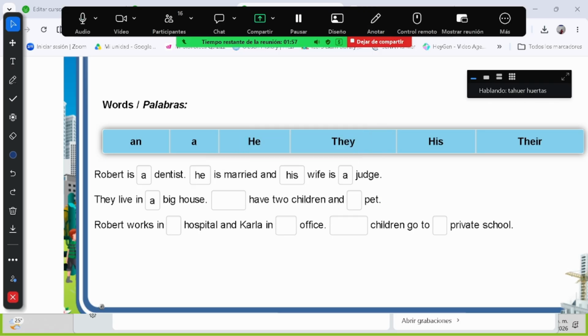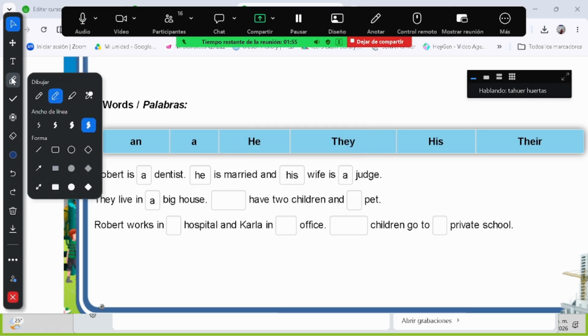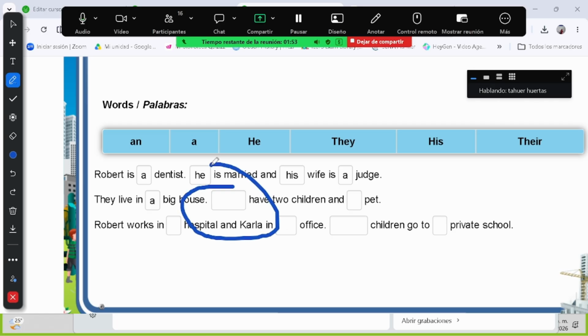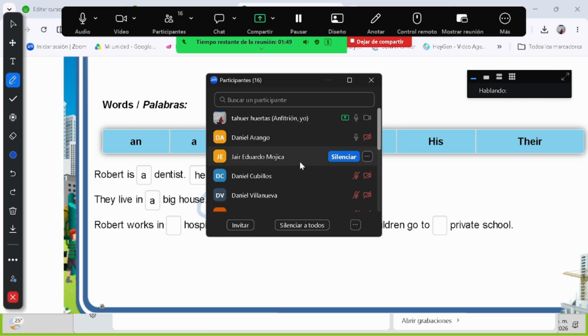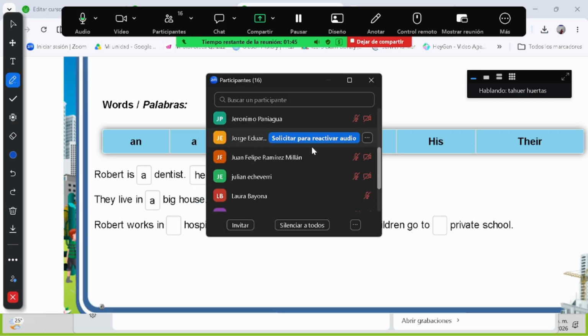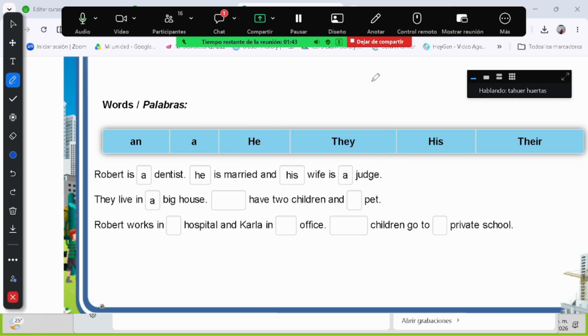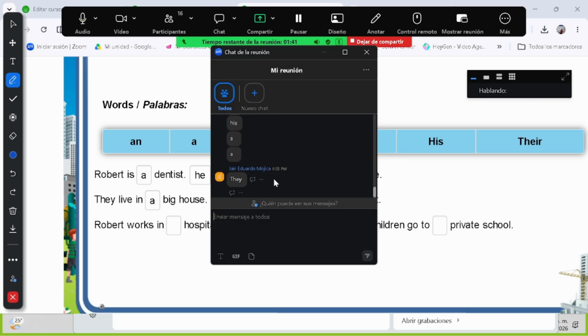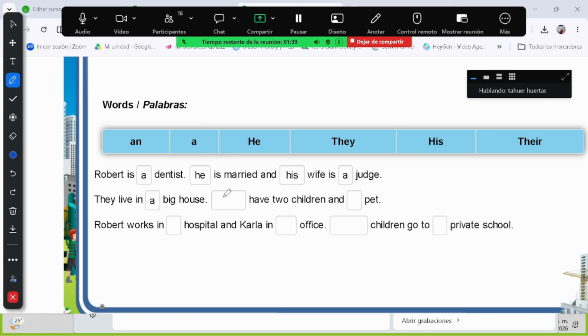Okay, continue. Here, what is the correct word here? Daniel, Luz, Ruben, Laura, Julian, Geronimo. They, correct. The correct word is they. They have 2 children.